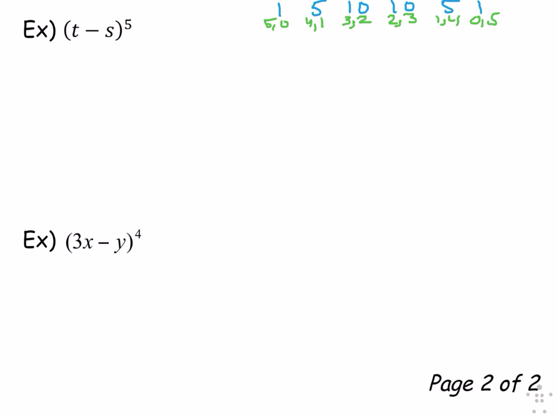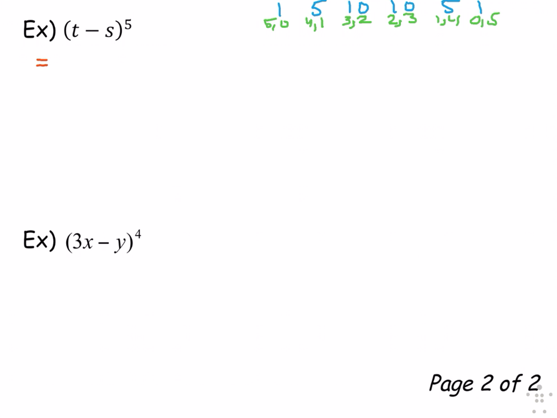Once you practice with Pascal's triangle, you'll start to memorize rows, or at least remember enough of them that you could use symmetry because they're symmetric. So the blue will be coefficients, the green will be the powers, and then these are the bases. I'm going to expand this binomial using Pascal's triangle.